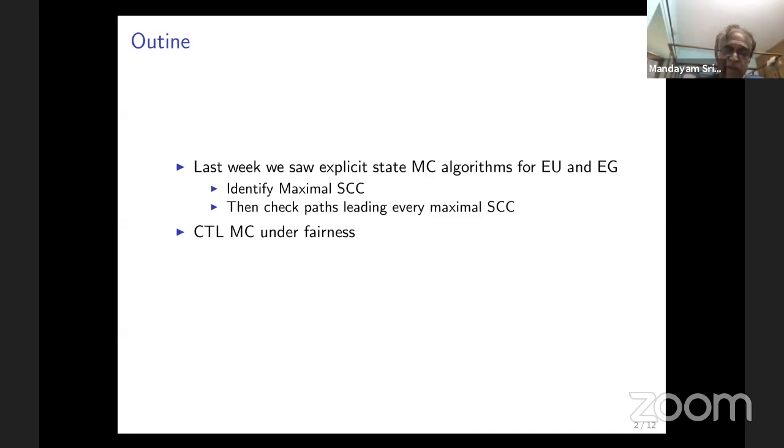That's what I'll be doing today as the first part of today's lecture. That should take about 15 to 20 minutes. After that, I'll be making a transition to introducing symbolic model checking procedures for CTL operators. So this is the plan for today.